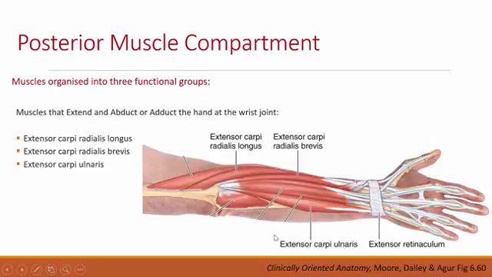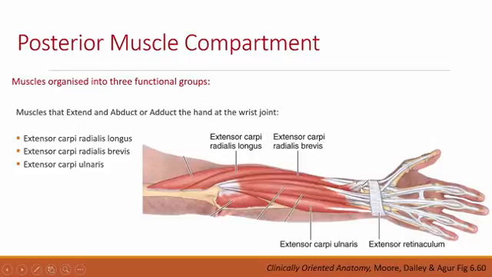Another muscle that will act only at the wrist and not at the fingers is our extensor carpi ulnaris. So as we can see here, running deep to the extensor retinaculum again and inserting onto the base of our fifth metatarsal. Just reviewing these muscles, they're all crossing posterior to the wrist joint, so they'll be acting at the wrist to produce extension.